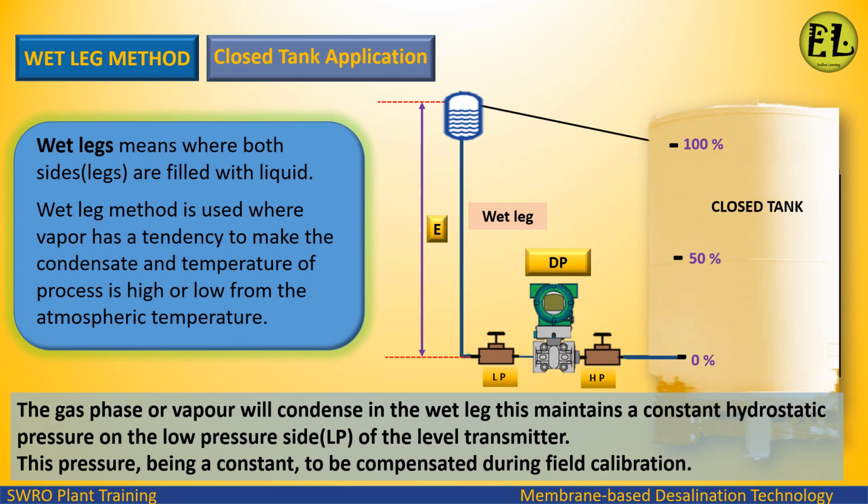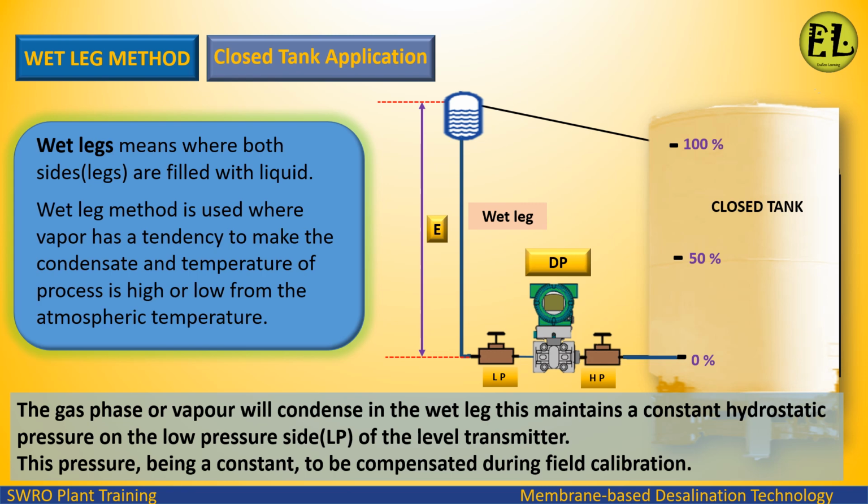Wet leg method. Wet legs means where both sides, legs, are filled with liquid. Wet leg method is used where vapor has a tendency to condense and temperature of process is high or low from the atmospheric temperature. The gas phase or vapor will condense in the wet leg.